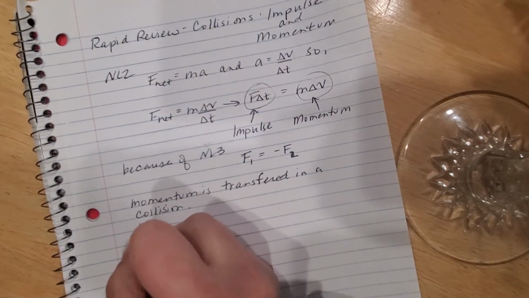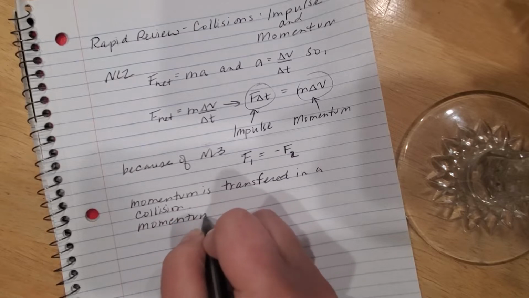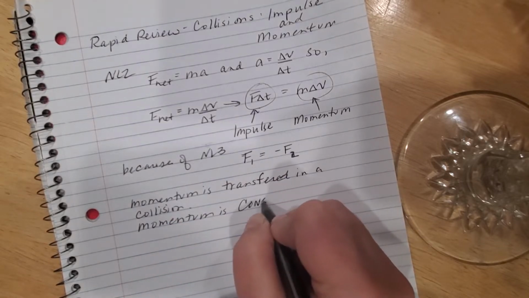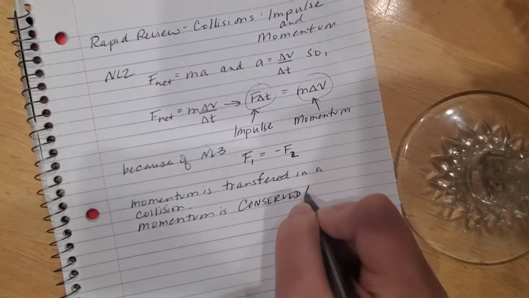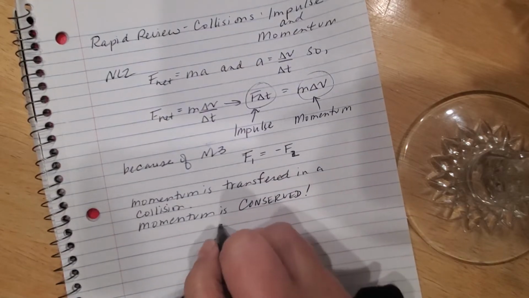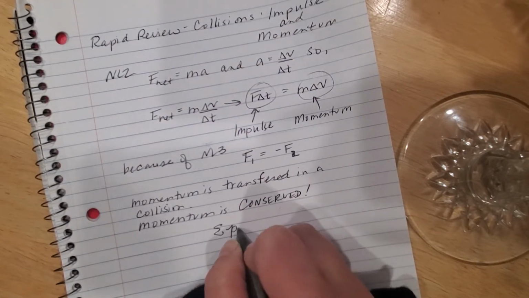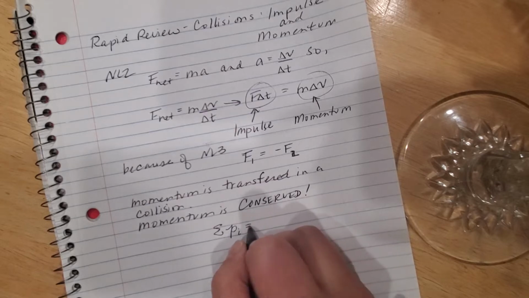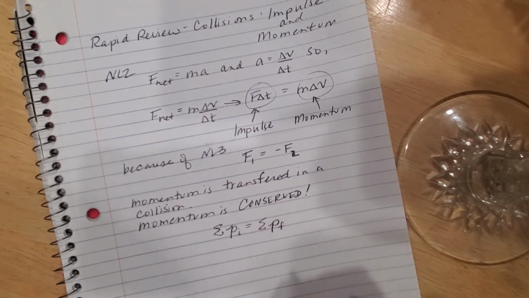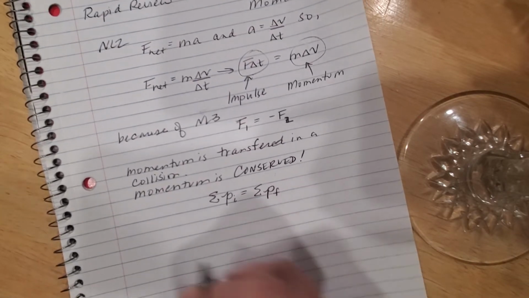We also say momentum is conserved. The sum of the momenta before the collision will be equal to the sum of the momenta after the collision.